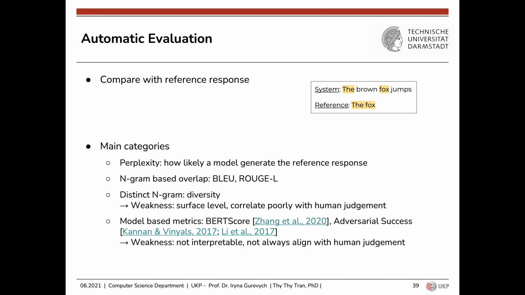Adversarial success classifies whether the generated response is machine-generated or human-generated. So a good model is expected to generate fluent and natural responses that can fool the classifier. These model-based metrics are not interpretable and not always aligned with human judgment.